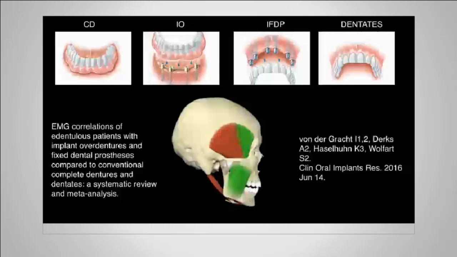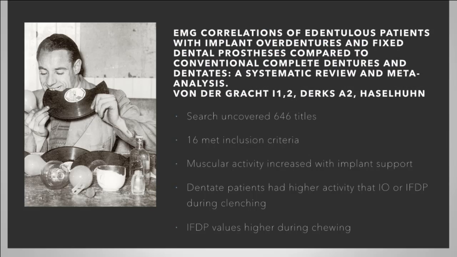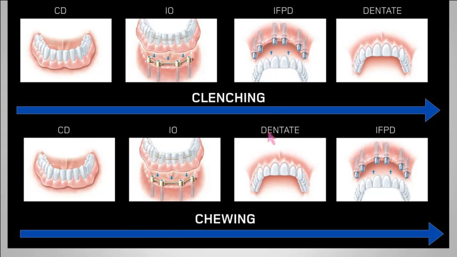And again, this is a paper that looked at the myographic activity, comparing complete dentures to implant overdentures, to implant fixed partial dentures, to dentate patients. It's a meta-analysis where they initially started off with 646 titles, and only 16 met the inclusion criteria. They looked at the muscular activity, and they discovered, quite interestingly, that in terms of the clenching and chewing force that could be generated, complete dentures are the lowest, followed by bar overdentures, followed by implant fixed partial dentures.